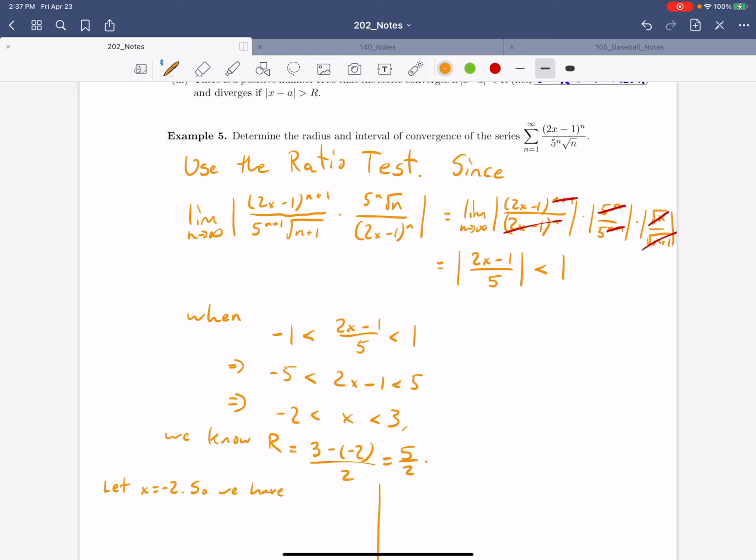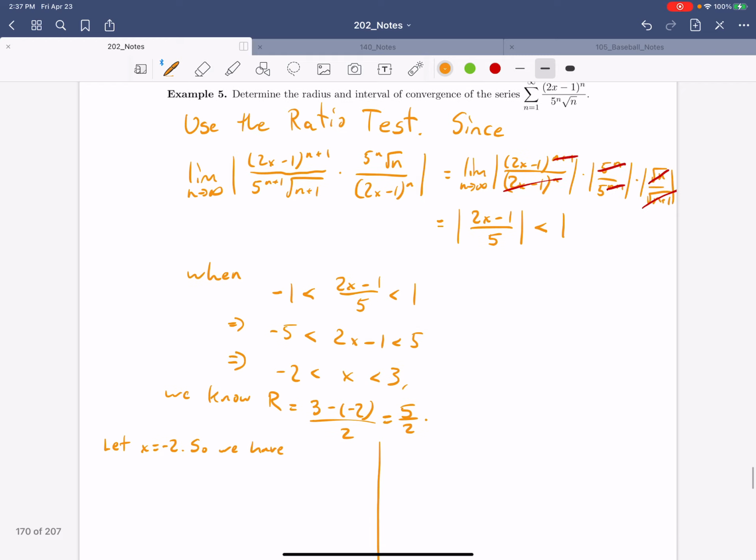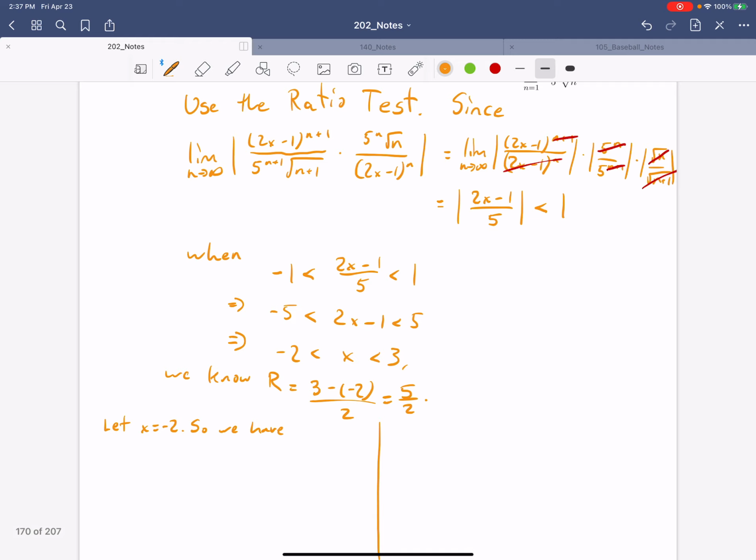So it looks like we have negative 5 to the n over 5 to the n. We're starting at 1, sorry. I won't simplify it right off the bat. We're going to have negative 5 to the n over 5 to the n root n.